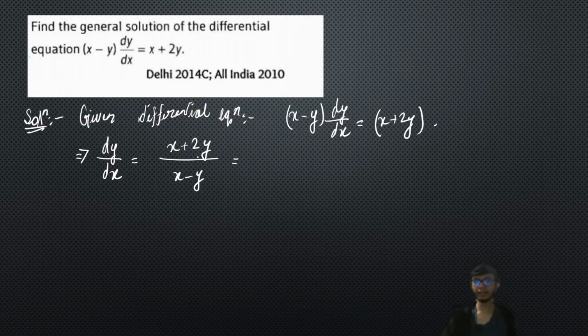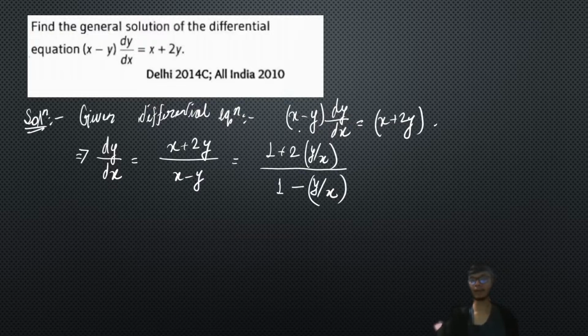Now if we take x common from both the numerator and denominator, I am left with 1 plus 2 times y upon x, and in the denominator 1 minus y upon x, right? So you can see that this y upon x part is common. Therefore this is a problem of homogeneous type, right?